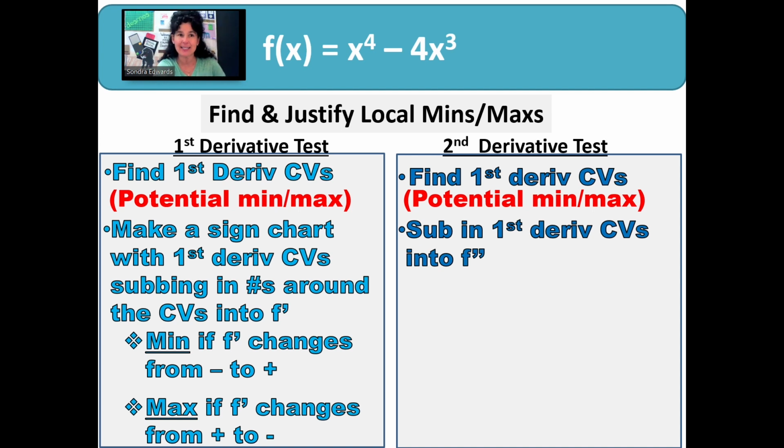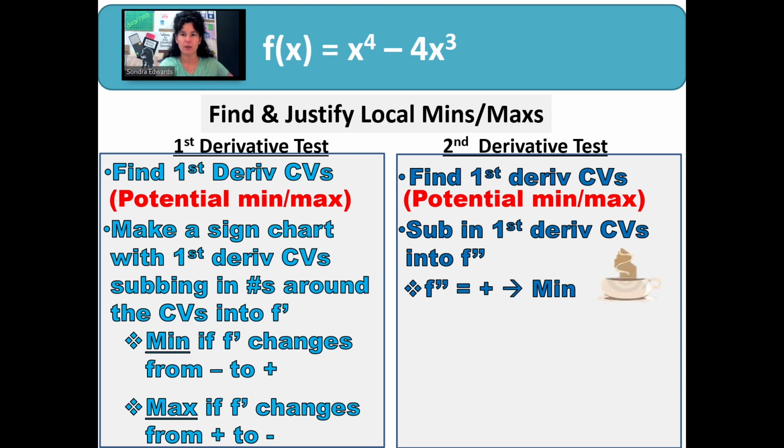So to summarize that, when you substitute that first derivative critical value into f double prime and you get out a positive, you have a minimum. Students often don't like that at first glance. They think, you have a positive and it's a minimum.